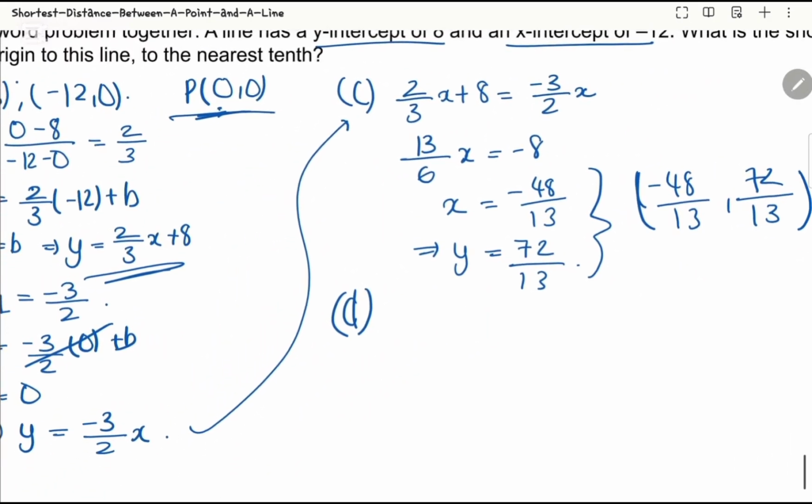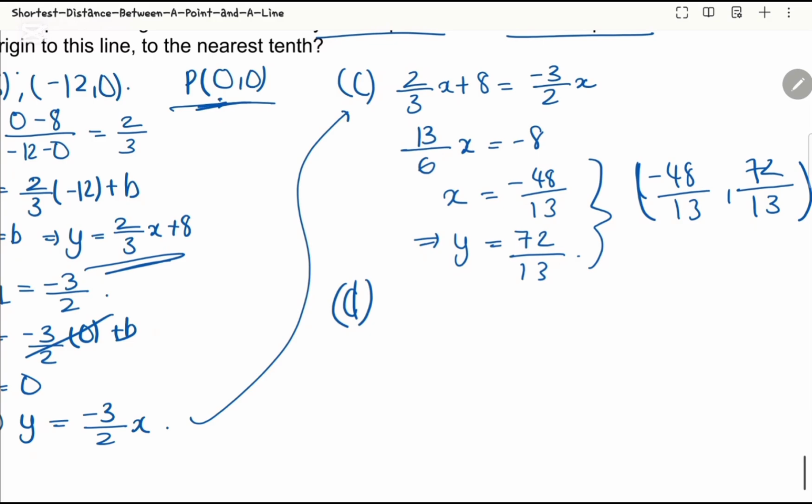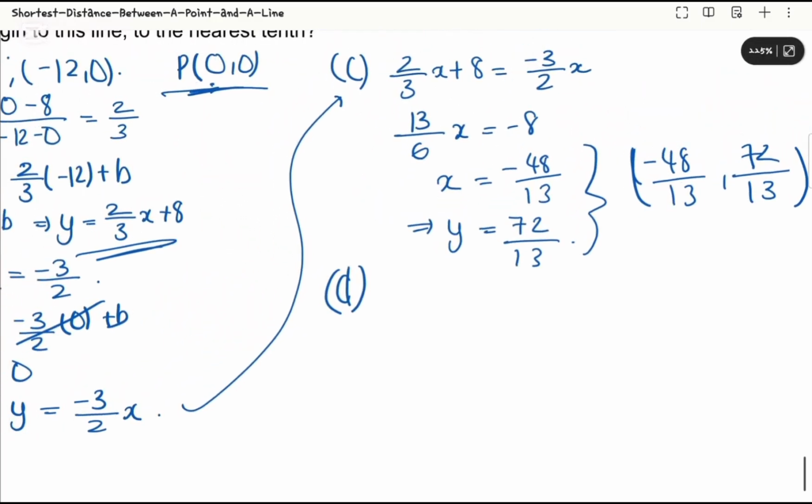Okay, but before that, let me just double check my answer to see if it's correct. Double check this point of intersection. With these multi-step questions, it is important to check your answer midway, okay?